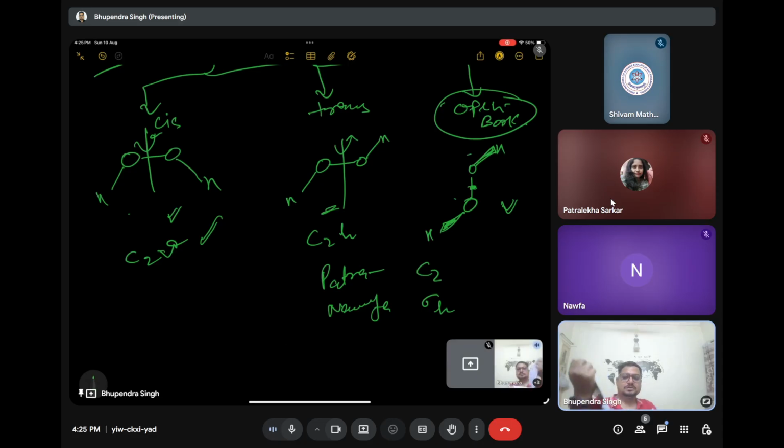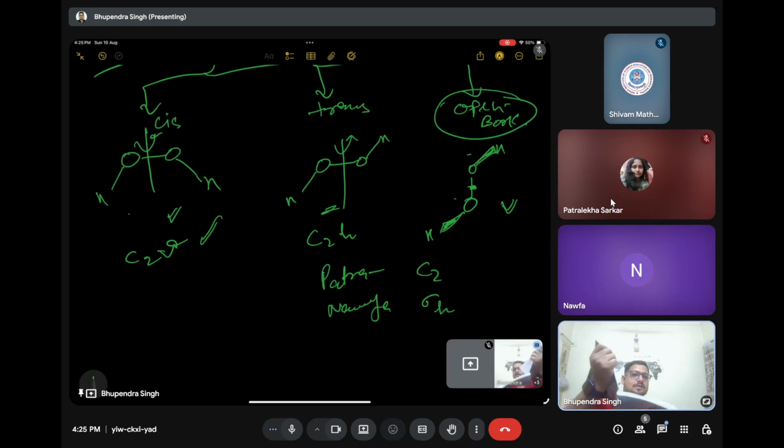So where is sigma h? Sigma h must be perpendicular to C2. So I told you this is C2. So perpendicular to C2. If this is open book structure, I am saying C2 is coming from this. So sigma h should be like this. So I don't think so because this will invert your molecule.